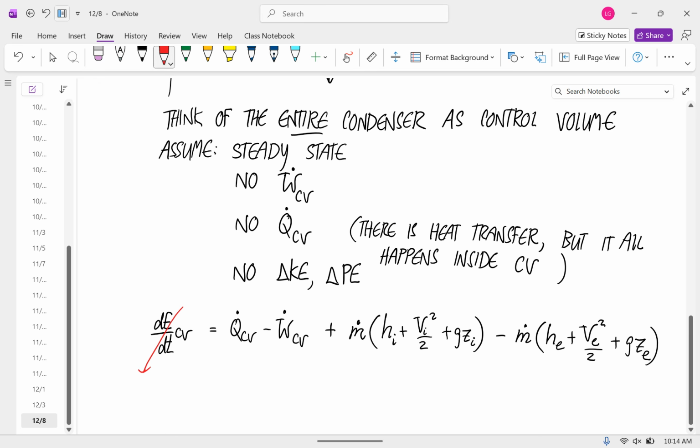Steady state says that this is 0. No changes in kinetic or potential energy, so those cancel and those cancel.